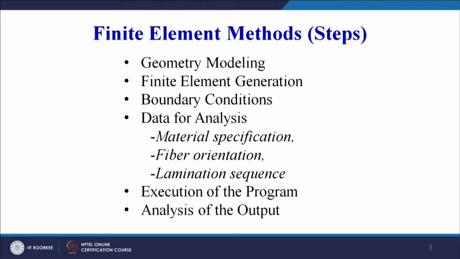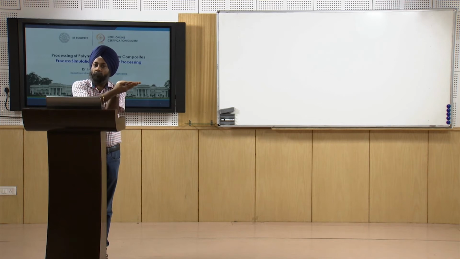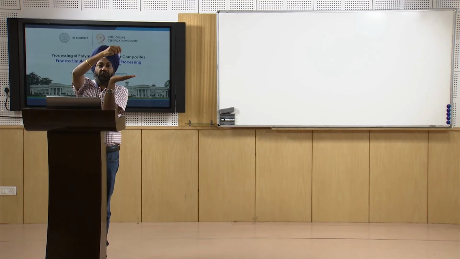Boundary conditions basically are that if this is the plate in which we want to make a hole, this plate will be fixed from the bottom, maybe clamped from the top also. So with these boundary conditions, it cannot move in the x, y and z directions, and it cannot rotate in these directions. We will fix this plate, and then this is the drill. This drill geometry will rotate also, and it has to move down in order to make the hole.